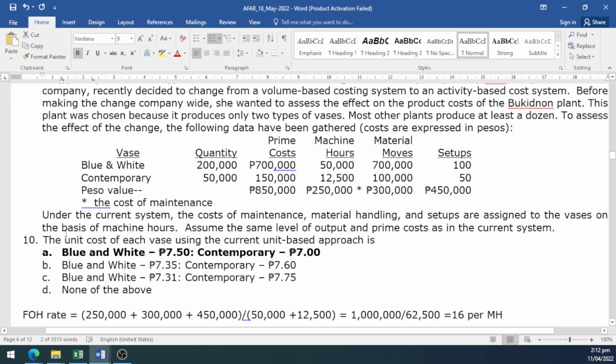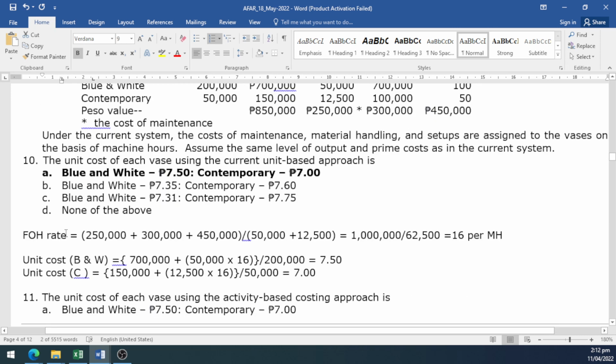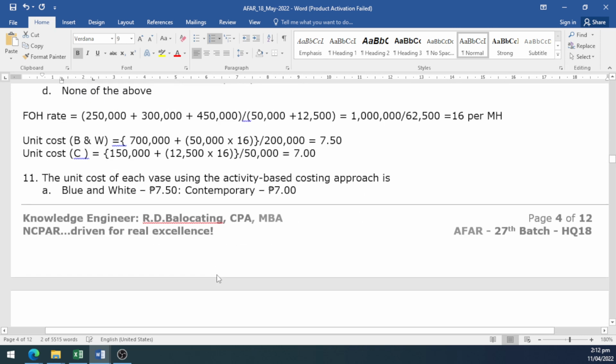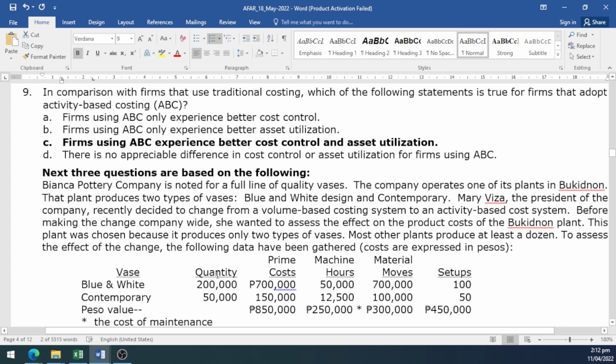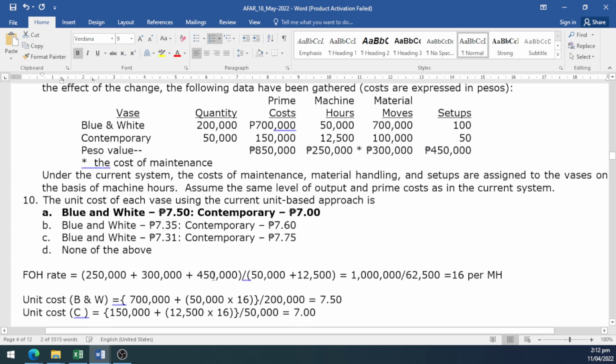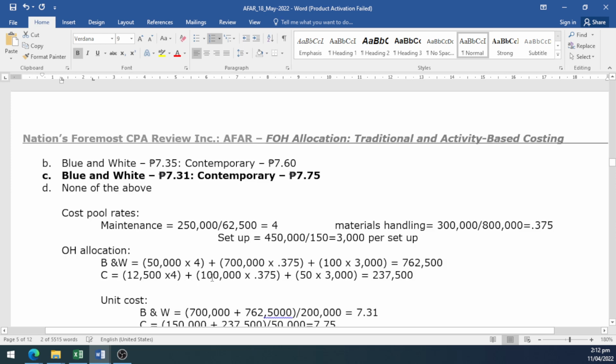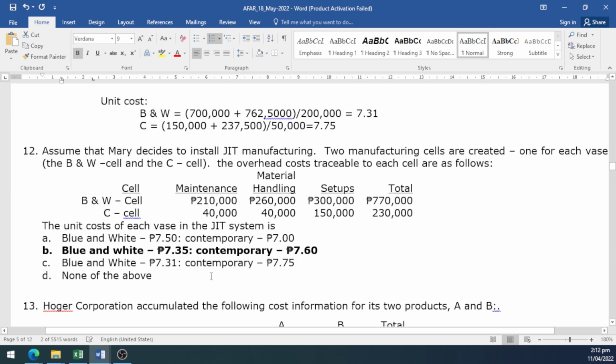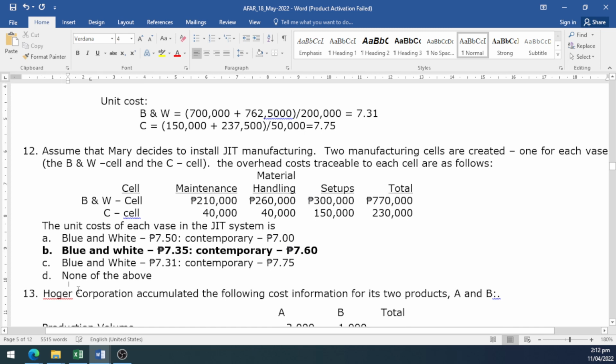Ito ang isang i-explain ko pa. Ito pong 10, 11, and 12. In particular, yung 12. Ito po. Kayo ay magtaka kung paano na-compute yan. Katatapos natin ng just-in-time eh.